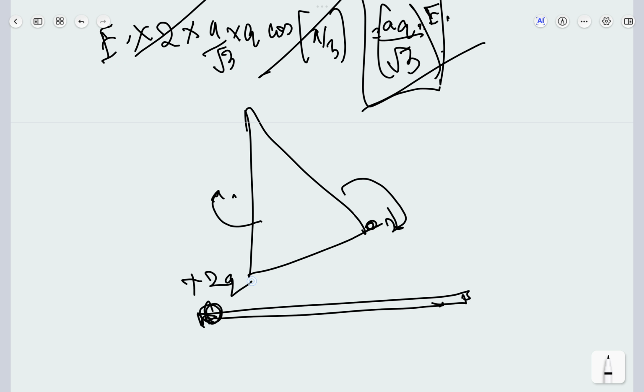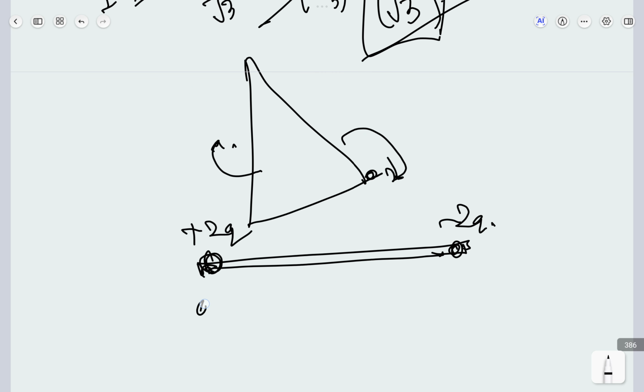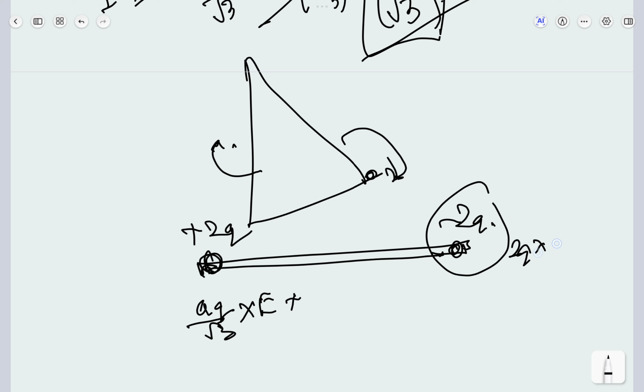Now this is plus 2q charge and this is minus 2q charge, right? So I have a q by root 3 times E, plus here I had 2q times E, right? And multiplied by a by root 3, obviously the distance from the center, right? So this would be 2q E times a by root 3.